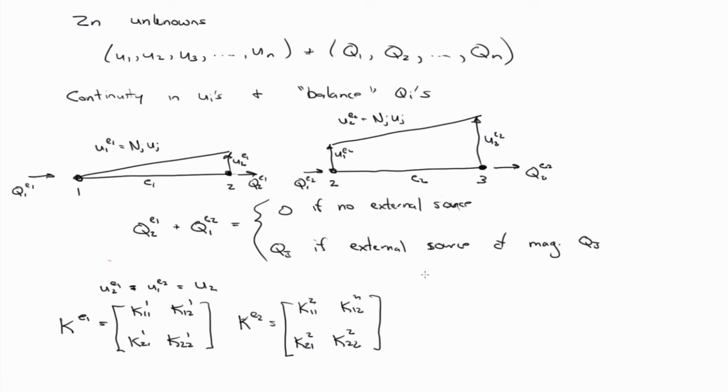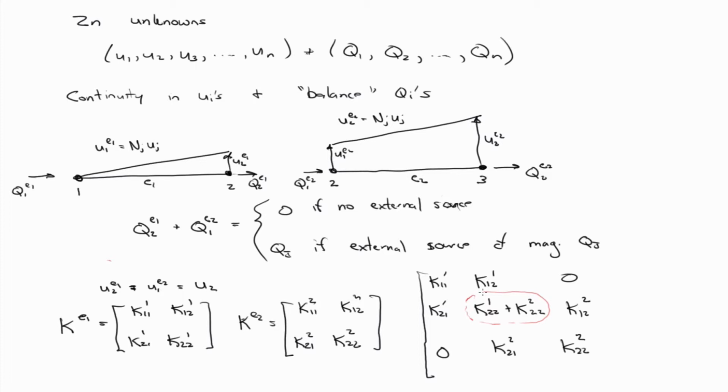So when we assemble the global stiffness matrix, then we'll have, so we have this term here where the two elements overlap.